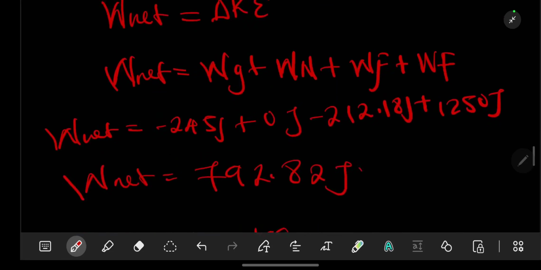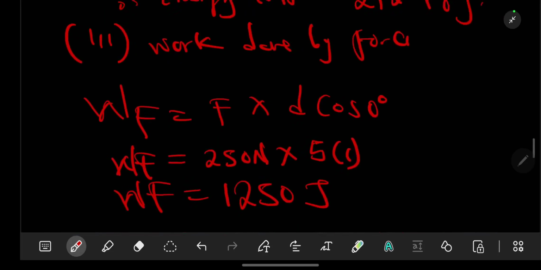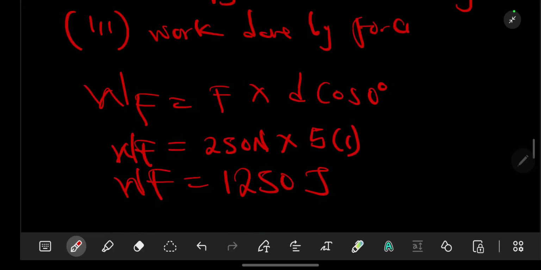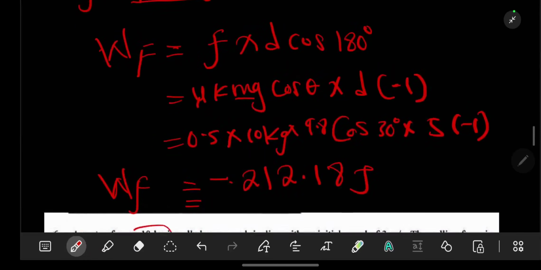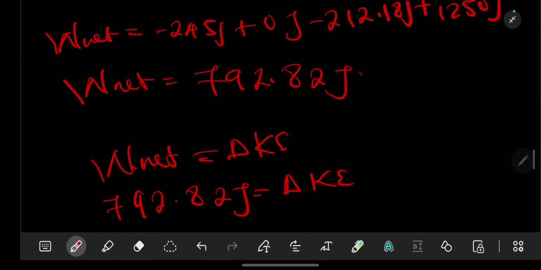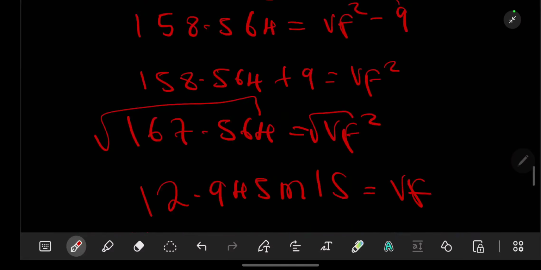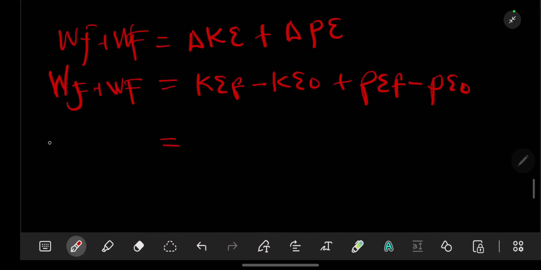According to this, the work done by friction is equal to negative 212.18 joules.